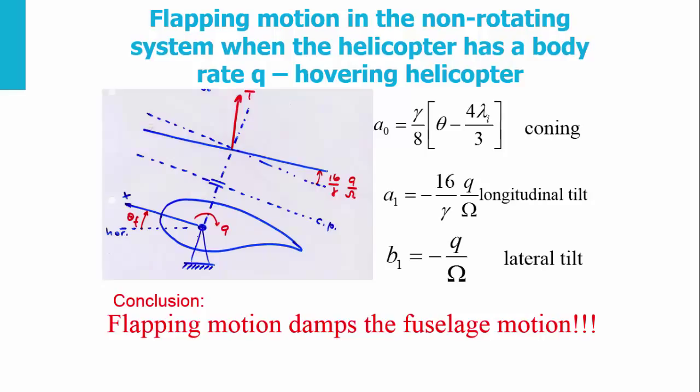We also proved that the flapping motion is damping the fuselage motion, as the signs of these terms are negative, opposing the pitch rate.